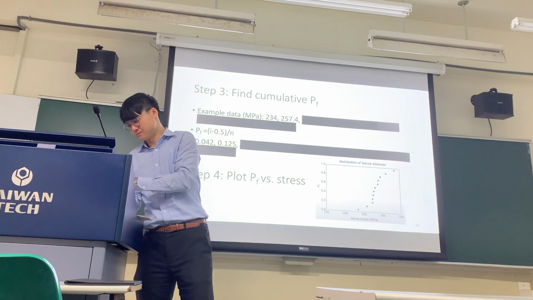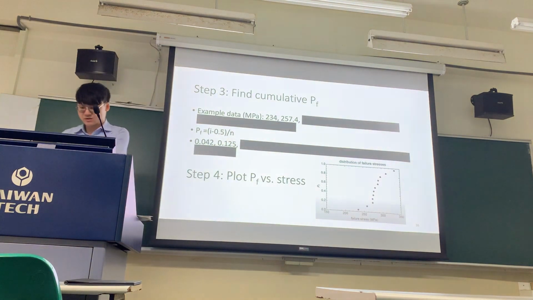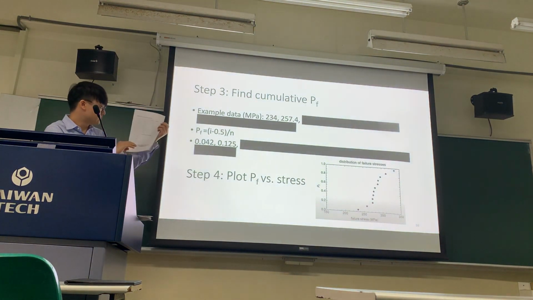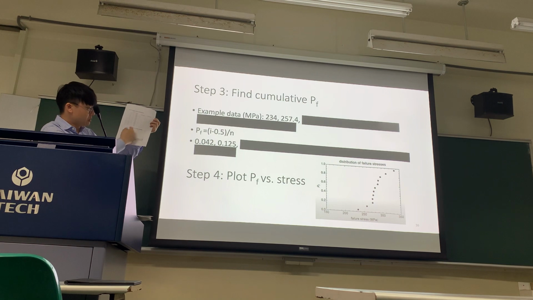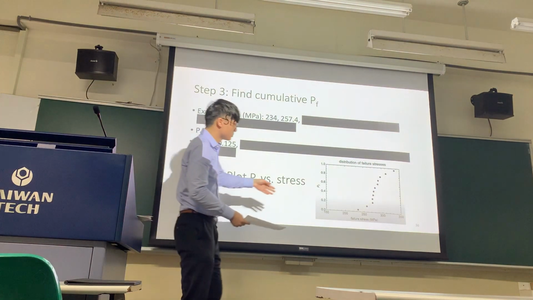Alright, so I'm going to continue moving forward. If you do everything correctly, what you see right now is down below, you have an empty plot over here, and on the y-axis is the Pf, and on the x-axis is the failure stress. So this is the answer.